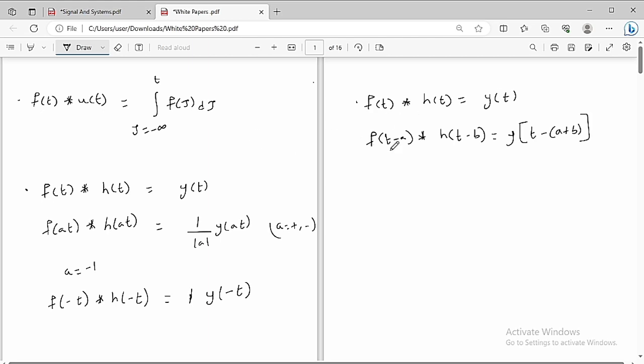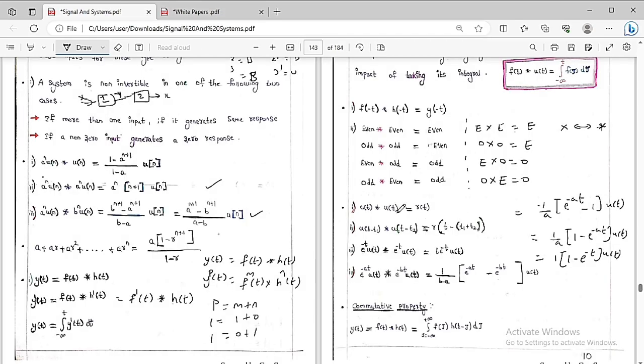So f of t minus a, h of t minus b gives t minus of a plus b. The same concept is applied here also. So u of t convolved with u of t is r of t. Here we have t minus t1 and t minus t2, so we get t minus of t1 plus t2, based on the concept that we have discussed.